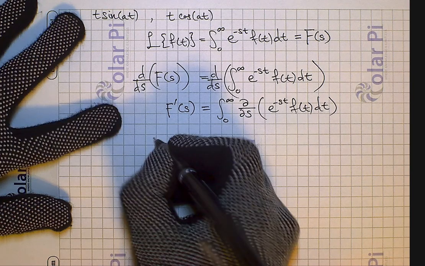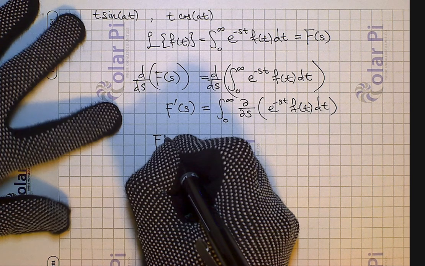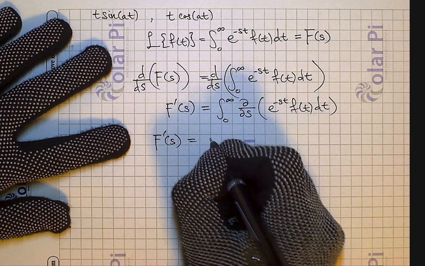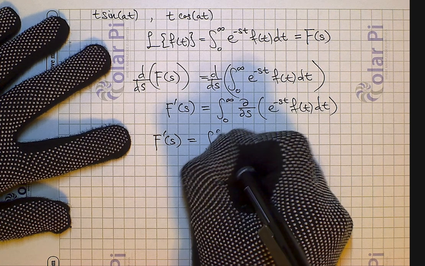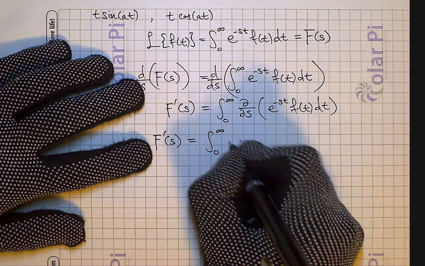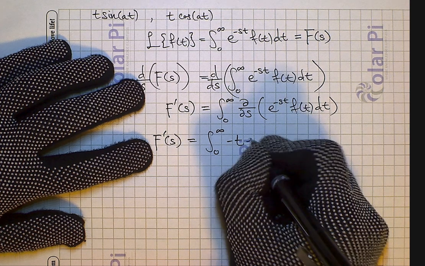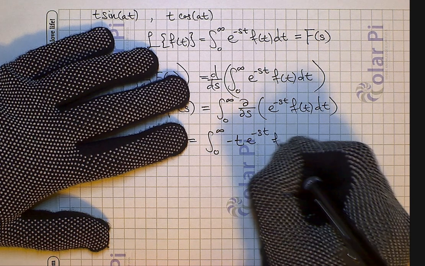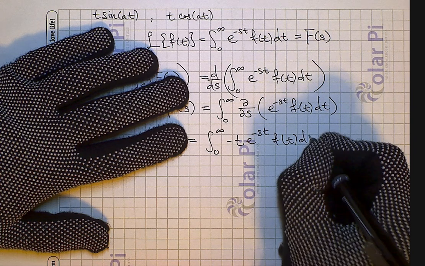So on our next step, we can write that capital F prime of s is equal to the integral from 0 to infinity of negative t times e to the negative st times f of t dt.